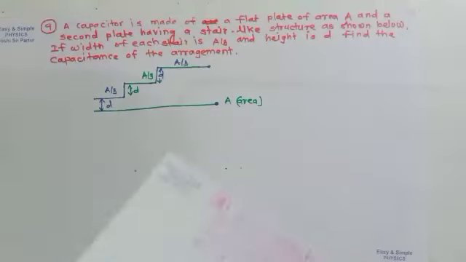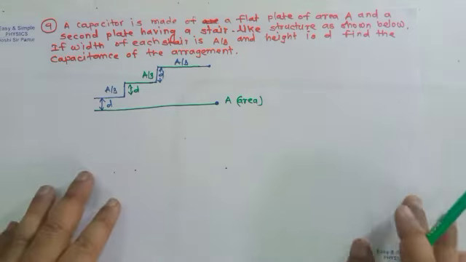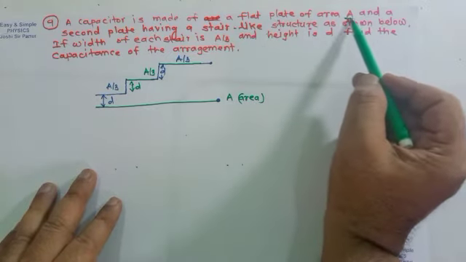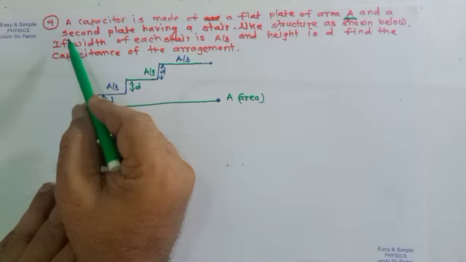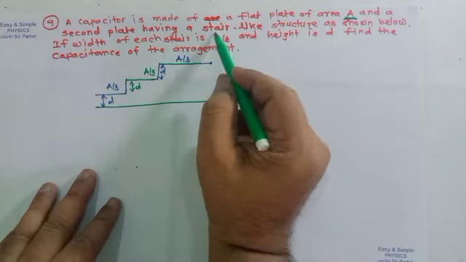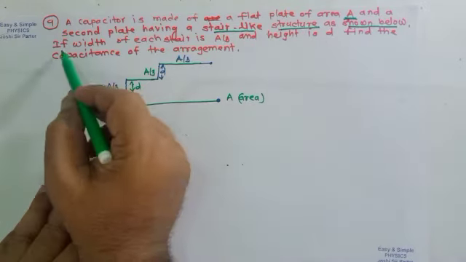Again, if we can see a staircase like capacitor, see here a capacitor is made up of a flat plate of area A and second plate having stair like structure as shown below.